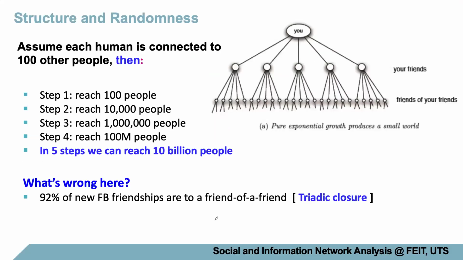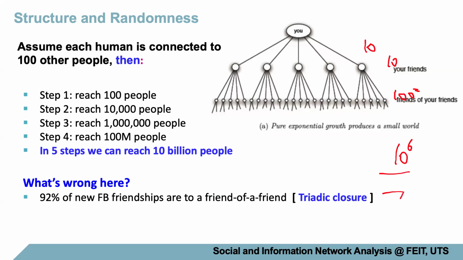Yeah, so actually in the lecture we already saw a similar situation. If we only connect to 10 closest friends, then with one step we will reach 10 people, in the second step we will reach about 100, and in 6 steps we will only reach this many people.